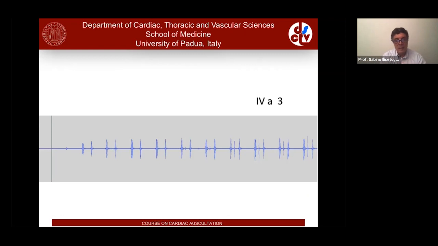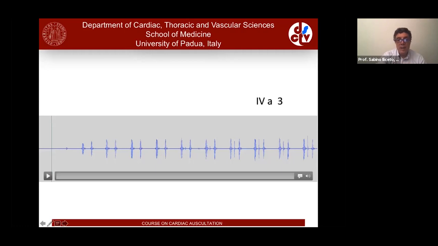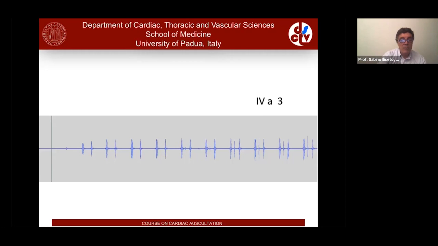In the case that I'm going to show you, we have first and second, then first and second, then the click occurs, and then mitral regurgitation in systole will be shown. So let's see the tracing first, and then we go to the auscultation without tracing.